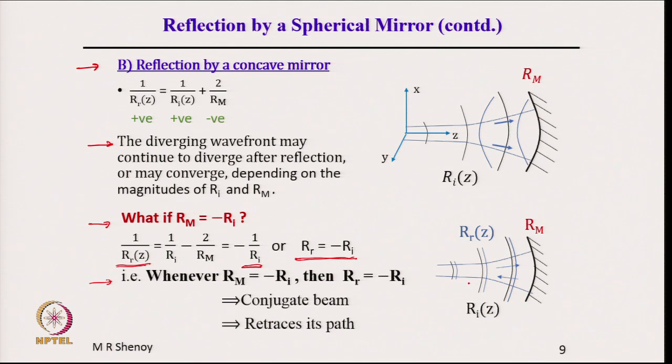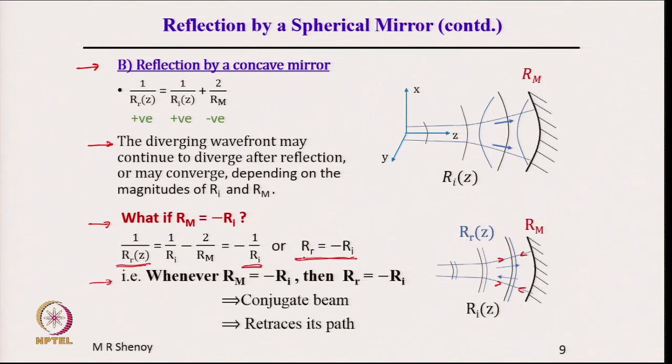It is illustrated here. See this, the black wavefront here is the incident wavefront, which is a diverging beam with a convex wavefront, incident on the mirror. Then if the magnitude of the convex wavefront is the same as the magnitude of the concave mirror, then the wavefront will simply be reversed and it will be a converging beam with a concave wavefront.